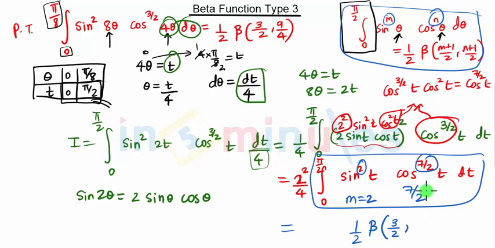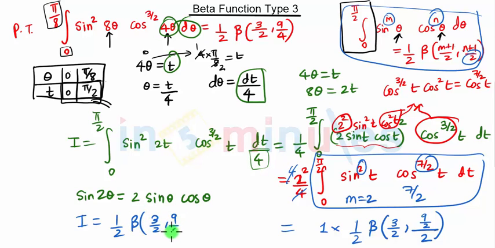N is 7 by 2, so 7 by 2 plus 1 is nothing but 9 upon 2 upon this 2. And here 2 square will be 4, so this 4 and this 4 will get cancelled, and here we have 1. So our integration I will become half beta of 3 by 2 comma 9 by 4.